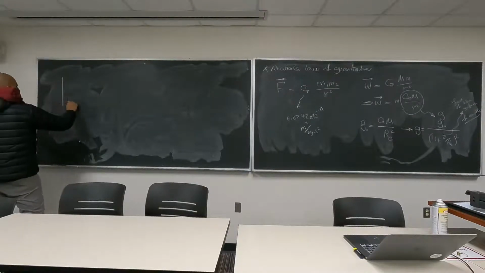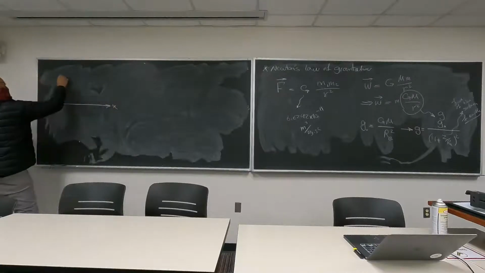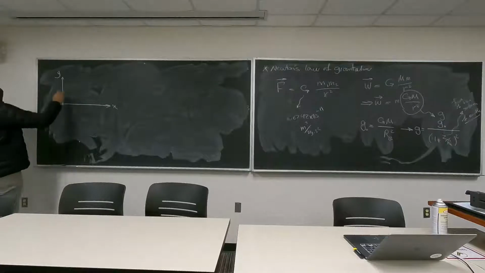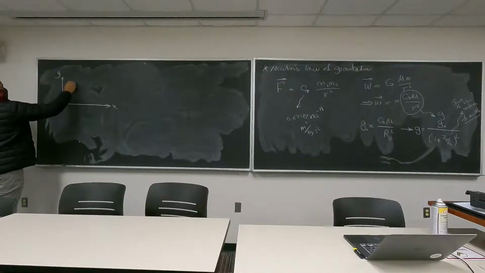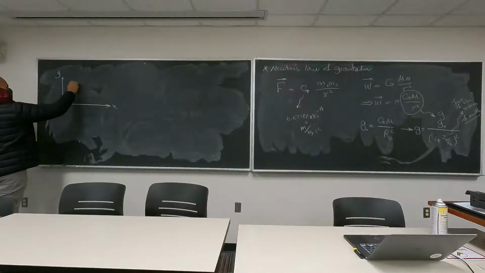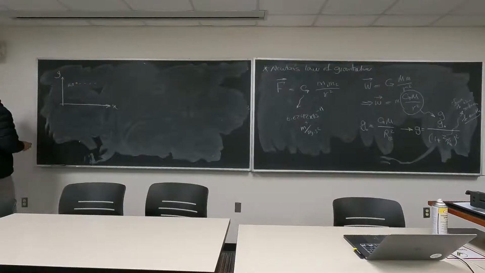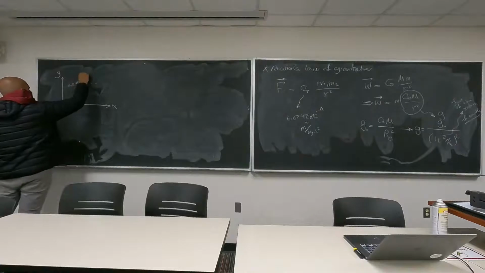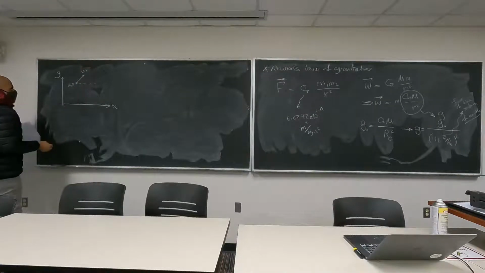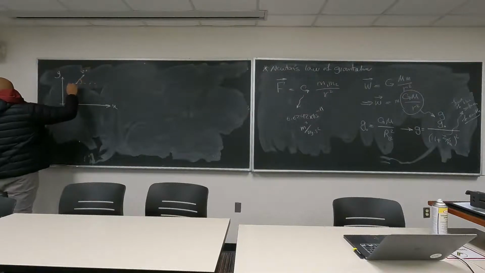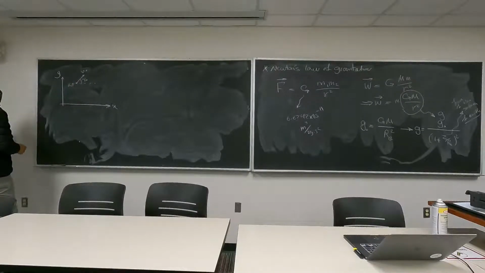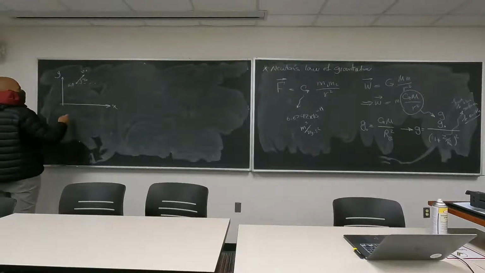So you have x, y, and x naught and y naught as the origin. You have a low altitude ballistic trajectory, which means that you are going to shoot it at a velocity v, which makes that angle, your book calls it gamma naught, but whatever you want to call it.